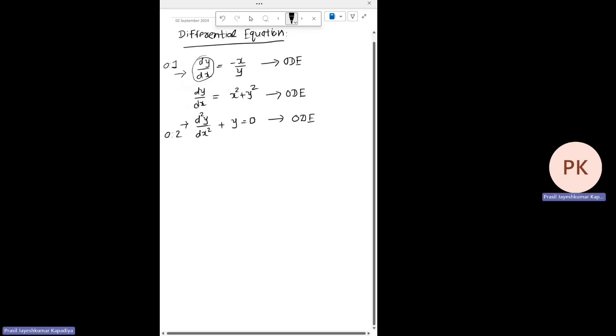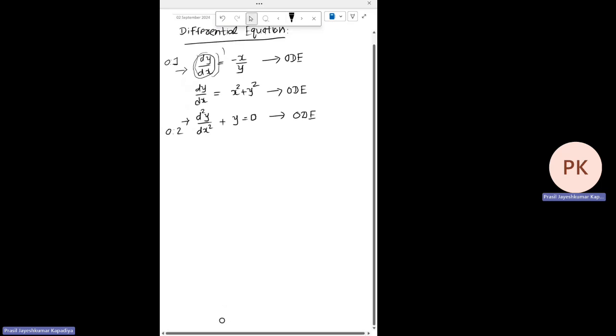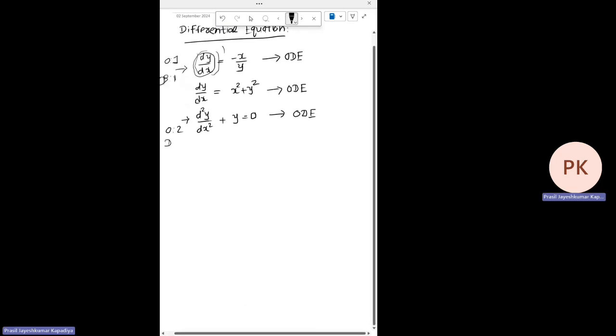Now what is degree? Degree is the power of the highest order derivative. So here dy by dx power is 1, so degree is 1. Here also in all cases degree is 1.